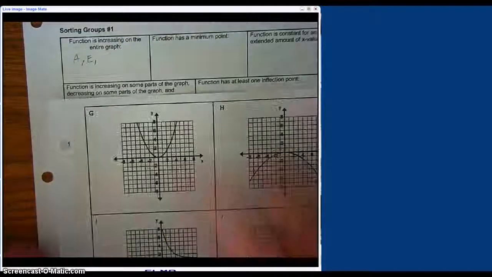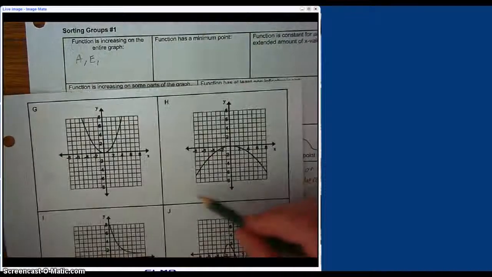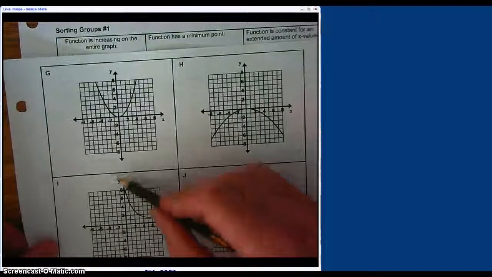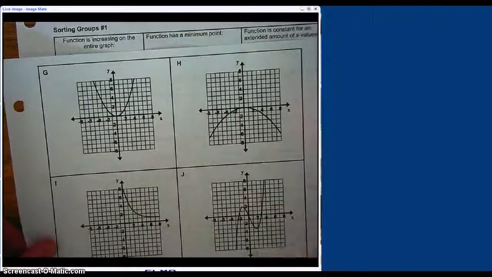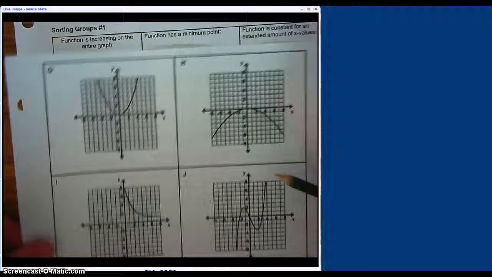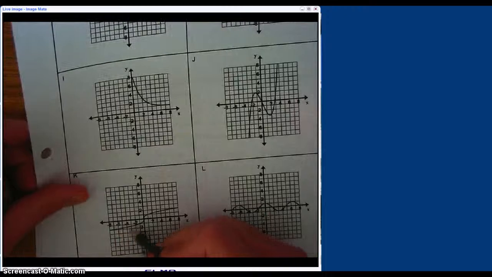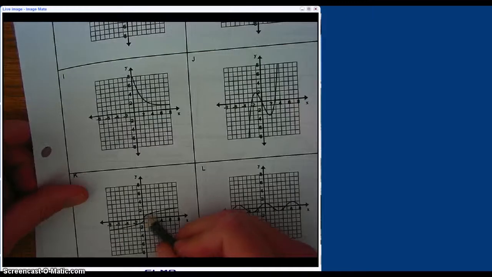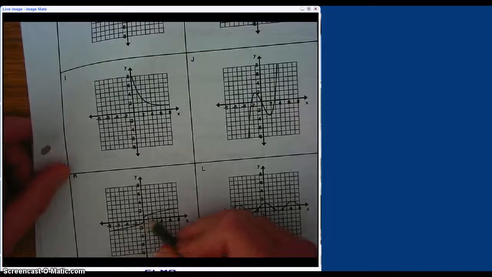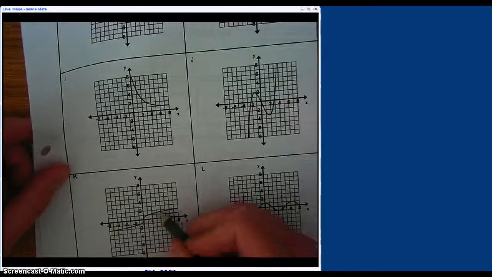How about G? Take a look at G. Nope. Down and up. H. Up and down. I. Down and then flat. J. Up, down, up. No. K. It's going up a little bit. Then it's really steep and then up and then, wow, actually K is increasing. The y values are always increasing as we're going from left to right. So K is another one.